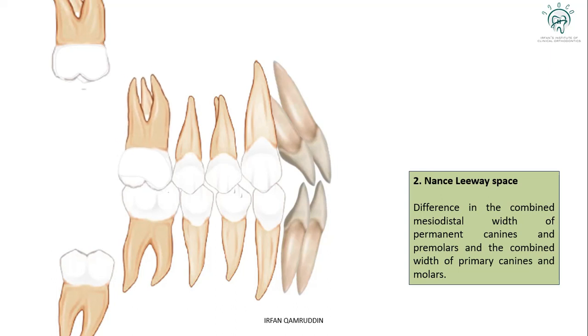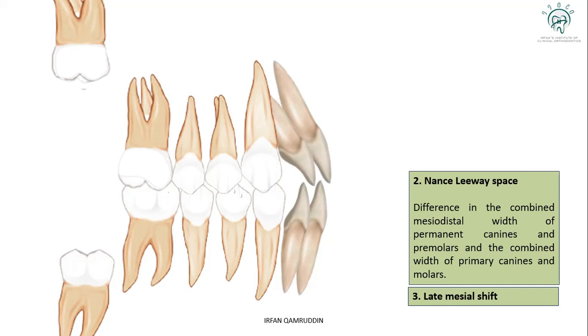Now you can see that there is some improvement in the molar relationship. We call this movement late mesial shift, but still the movement of the lower molar is not 3 or 4 mm. It was just 1 or 1.5 mm more as compared to the upper molar. So the correction of molar relationship is still not 100%.